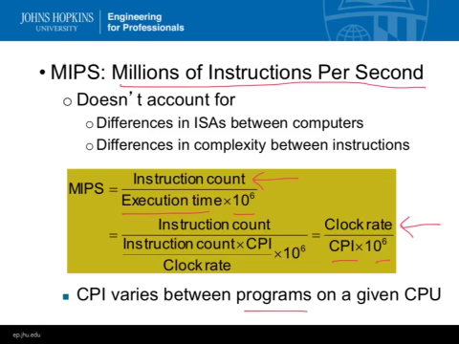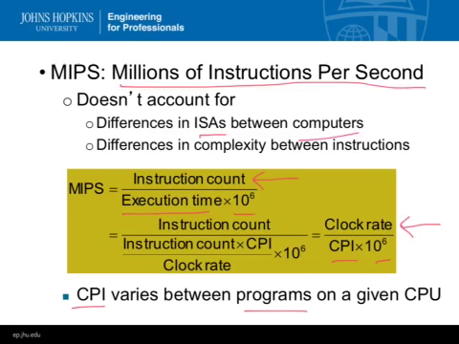So you have to be careful using this, because different programs can have a different CPI. Different computers can use a different instruction set architecture, and so on. So you can't compare computers with different instruction sets.